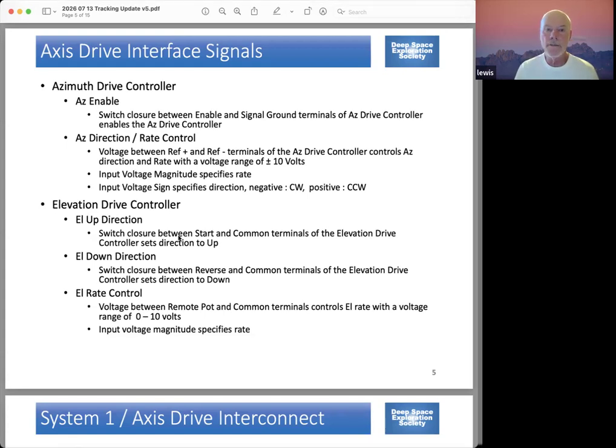For the elevation, it's similar, but there's not a single enable. You either specify the direction up or down and should never specify both at the same time. And then use the voltage to specify just the rate, not the direction. So the magnitude of that voltage will specify the rate.